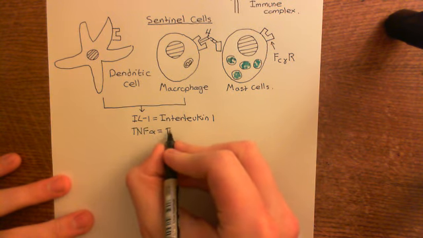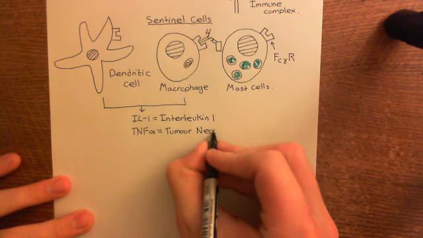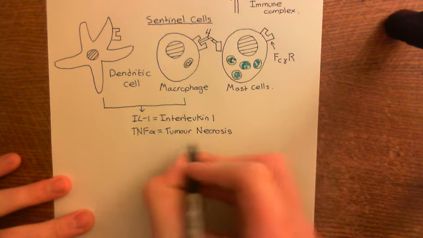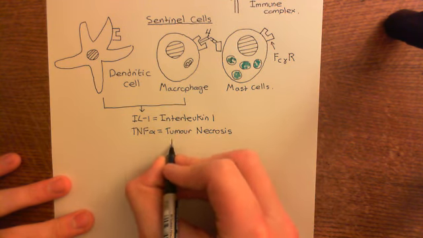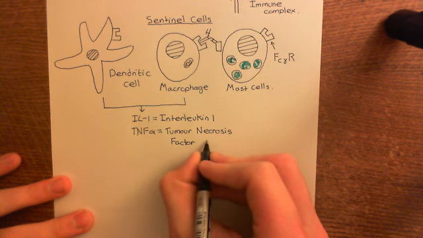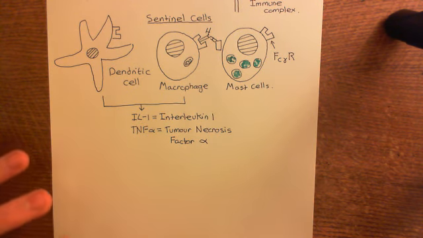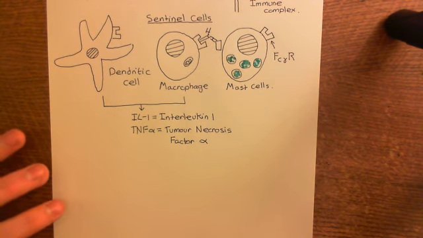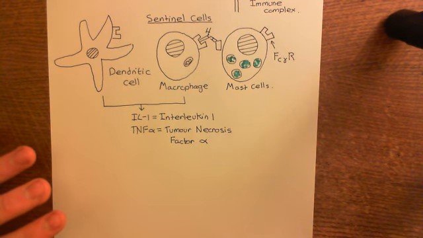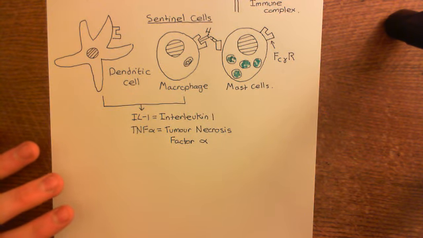So this stands for tumor necrosis factor alpha. And TNF-alpha is often just abbreviated to TNF, so it's often just called tumor necrosis factor. And the reason for that is that although there are different tumor necrosis factors, for instance there's tumor necrosis factor beta, there's also tumor necrosis factor C, tumor necrosis factor alpha is by far the most important of the tumor necrosis factors.